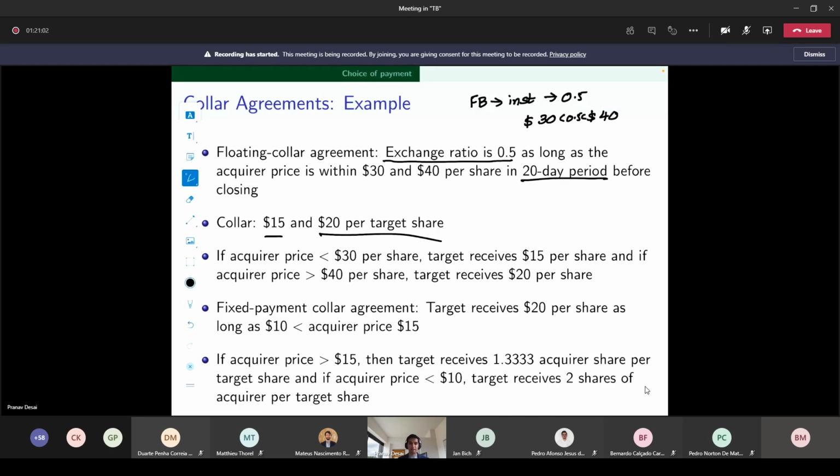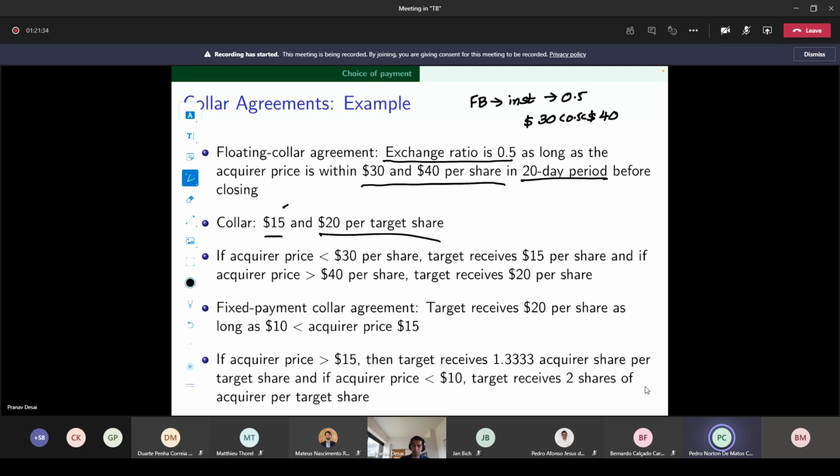So where does this collar arise from? Because what we have set up over here is $30 and $40 per share. It's the half. Exactly. And why is it the half? Because the exchange ratio is 0.5.